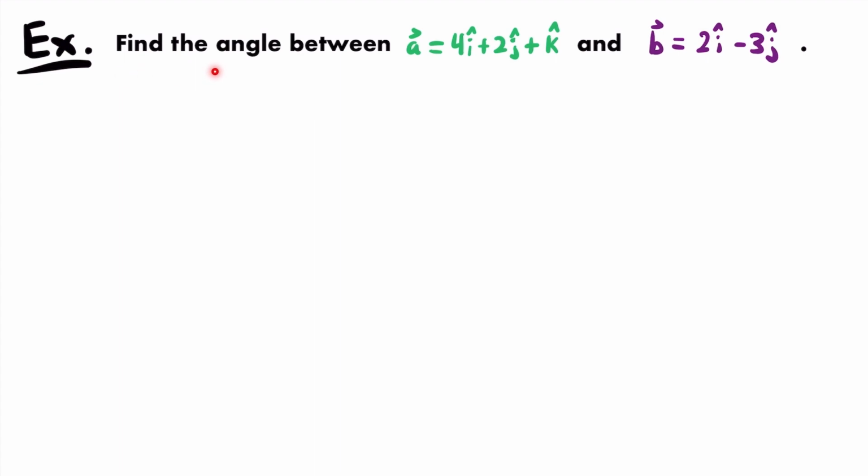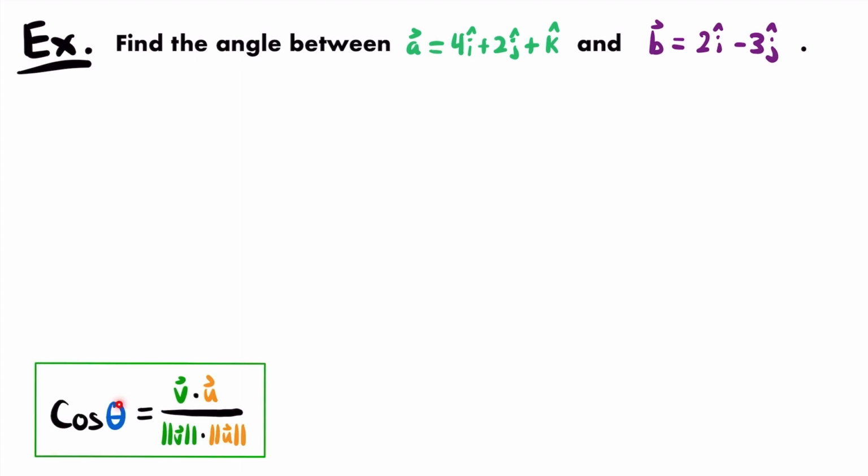Okay, but if we want to find the angle between these two vectors, we're going to use that same formula we used in the previous example. Even though we're working with vectors in 3D, the formula remains the same. It looks like this. If you want to find the angle theta between two vectors, vector v and vector u, then cosine of that angle is equal to the dot product of those vectors divided by the product of the magnitude of those vectors.